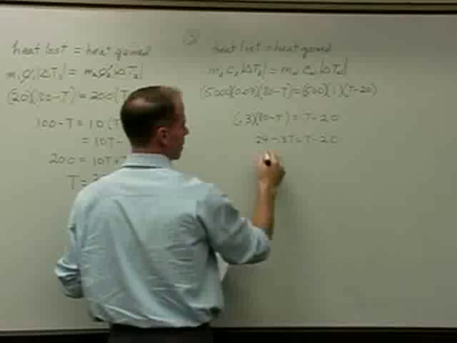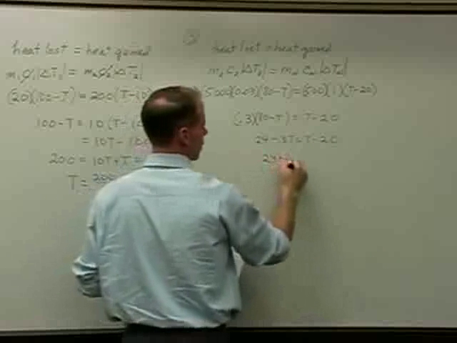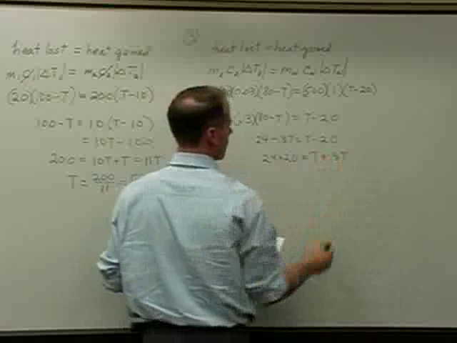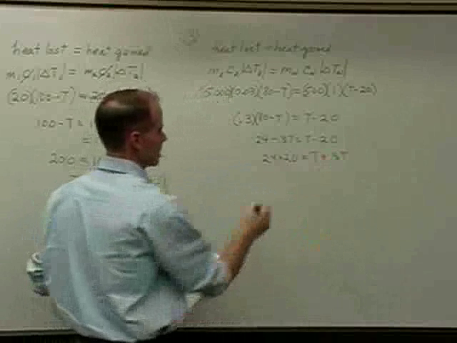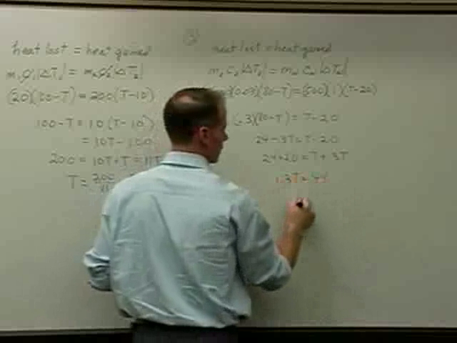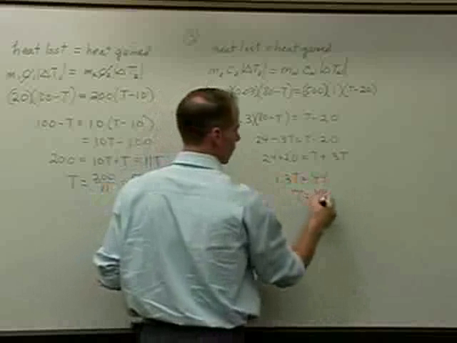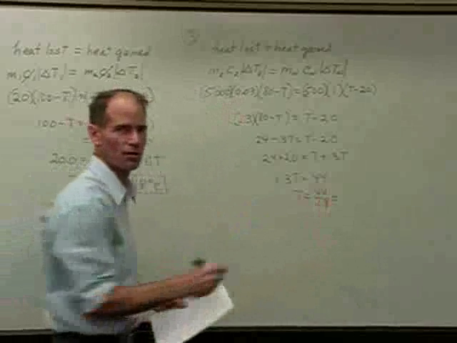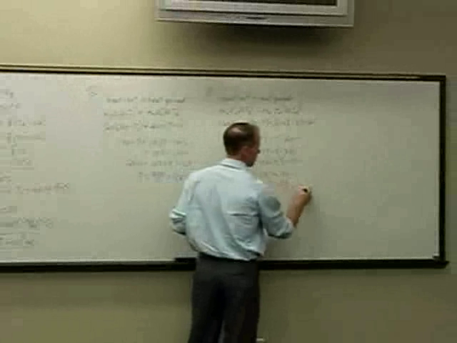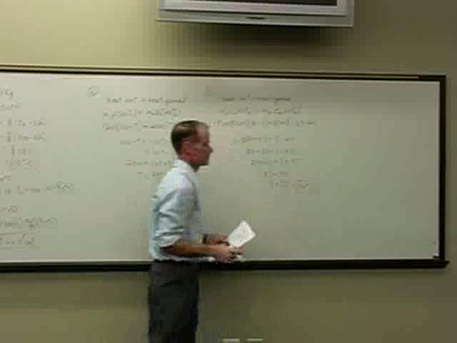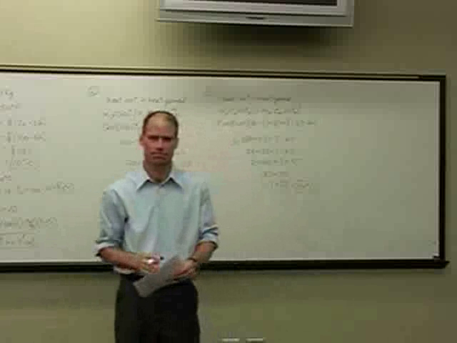Add 20 to both sides, so we have 24 plus 20 equals T plus 0.3T. So 1.3T equals 44. T equals 44 divided by 1.3. And that is 34 degrees Celsius. Plan: heat equals heat.